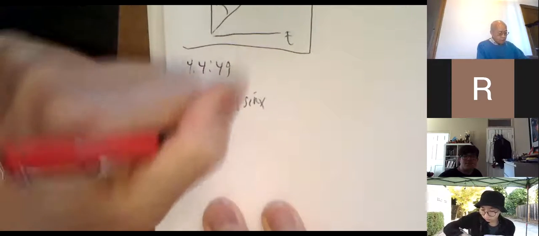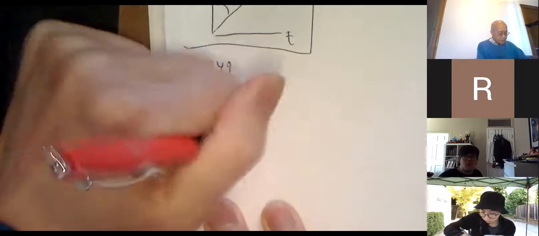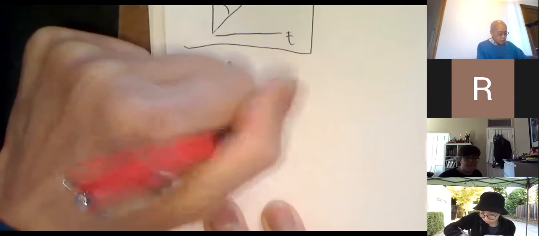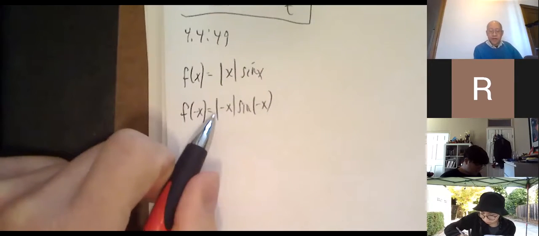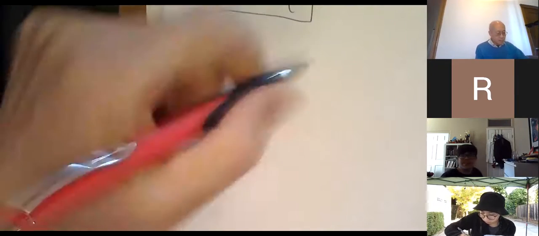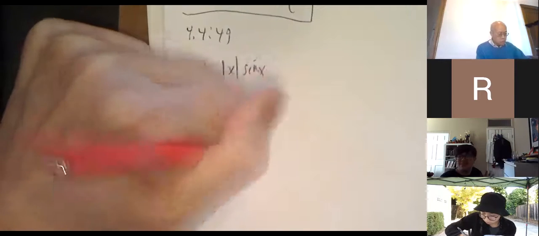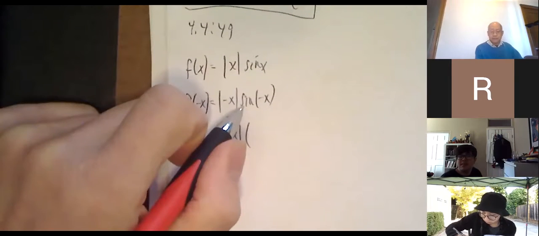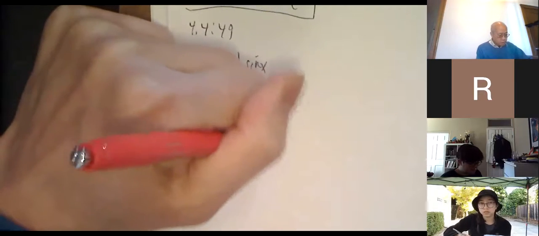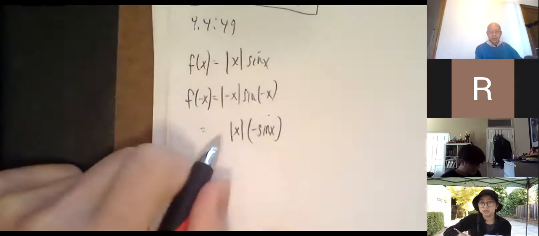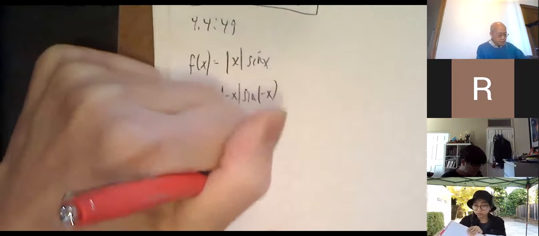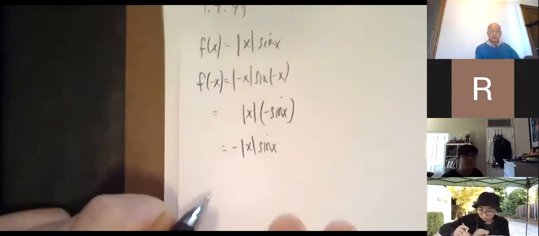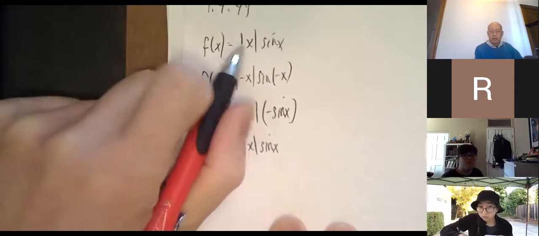F of negative x is absolute value of negative x, sine of negative x. Now the absolute value of negative x is the same as the absolute value of x. Sine is an odd function, so the sine of negative x is negative sine of x, and I can put the negative in front of the whole thing, so negative absolute value of x, sine of x. Now how does that compare with the original?